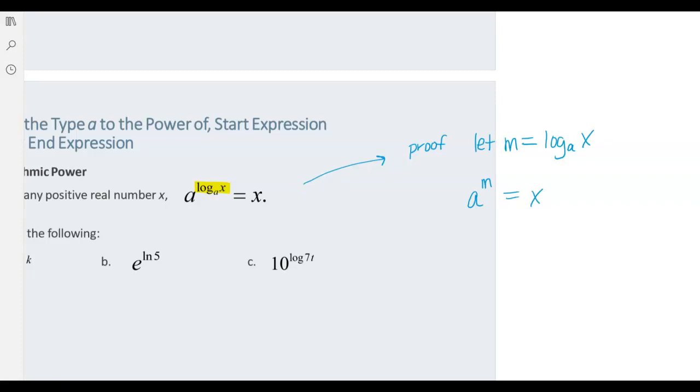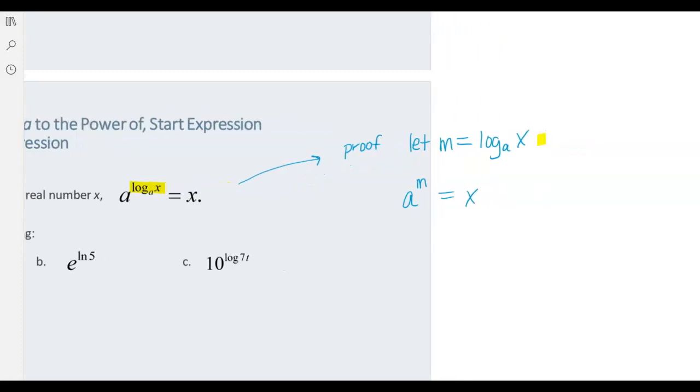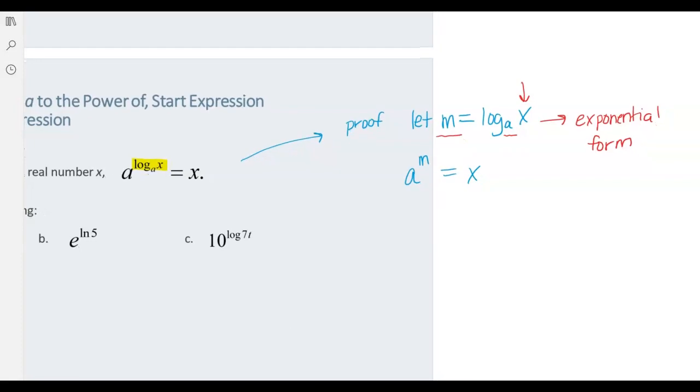So we know that a to the m equals x because that's taking this and changing it to exponential form. Here's the base, here's the exponent, a to the m is equal to x, so that's what I'm writing here.